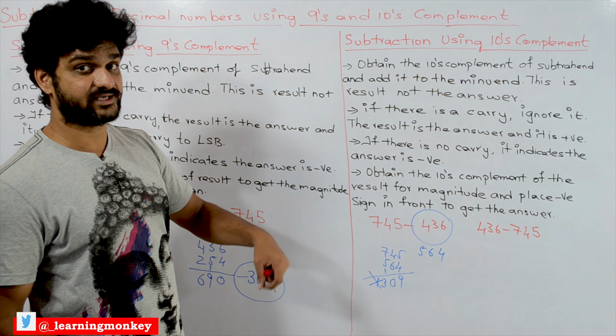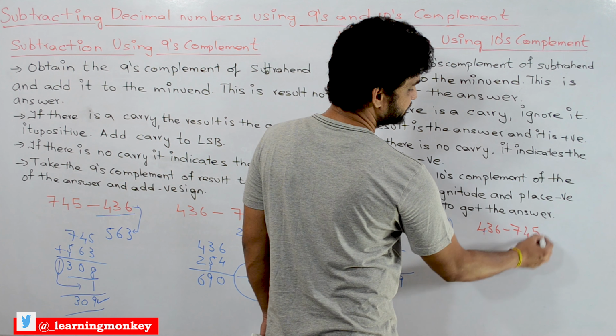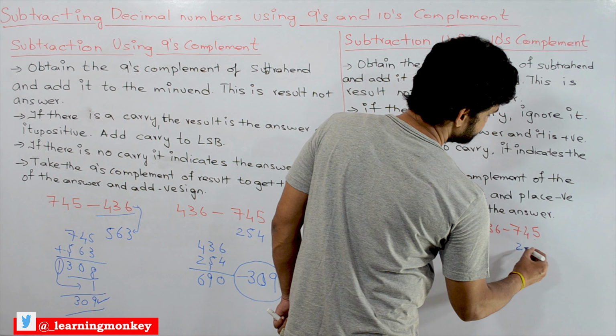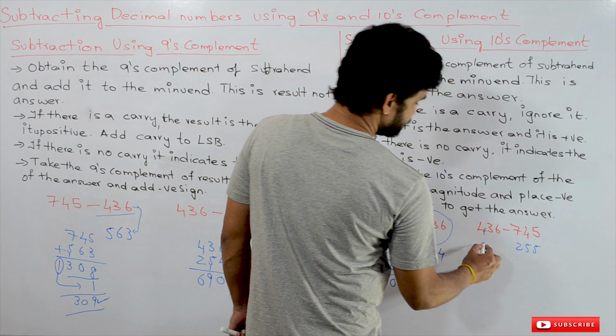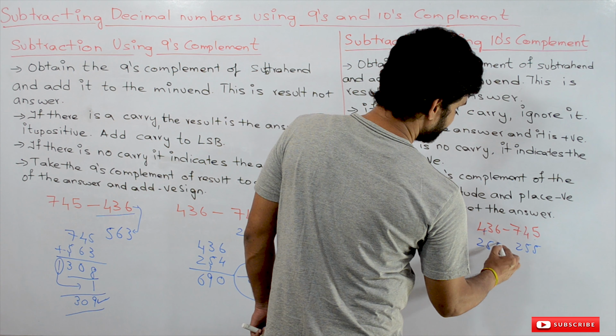Now if you do the subtraction 436 minus 745, in order to do that, we have to find the 10's complement of this number, which is going to be 255. So now we have to add 255 to the minuend.